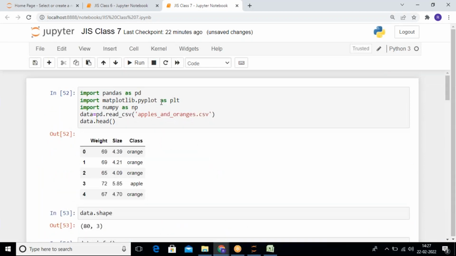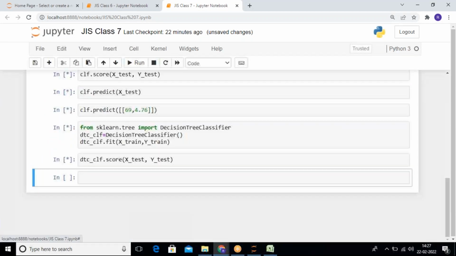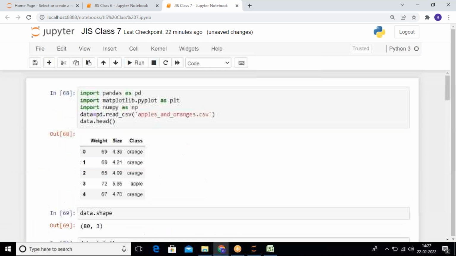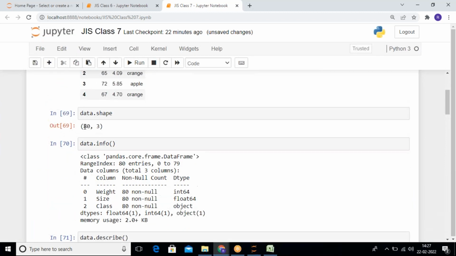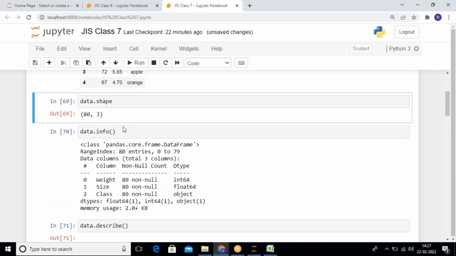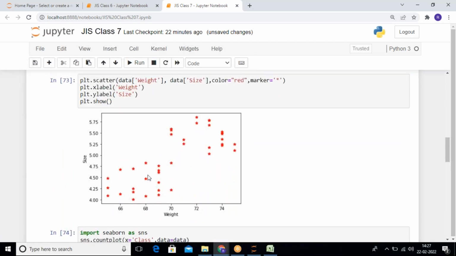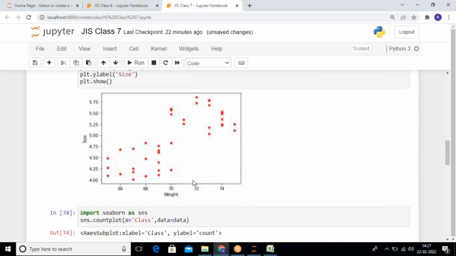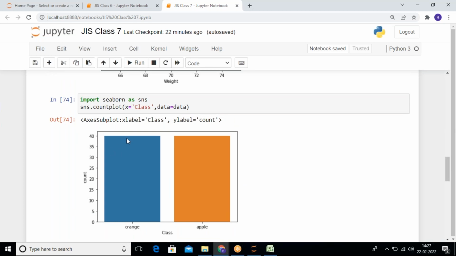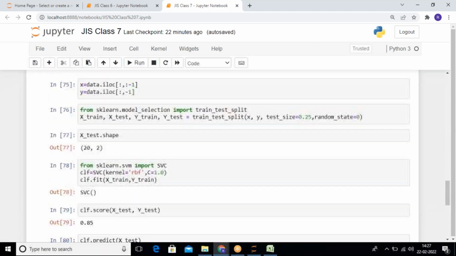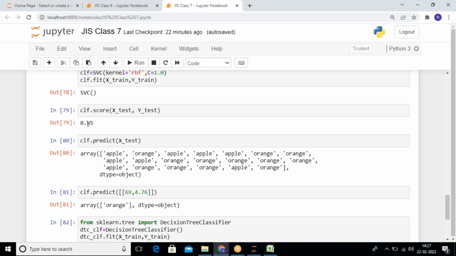Now from the starting, let's see. The data set shape is now 80,3. The data set increased, 40, 40, 80. Here my support vector machine accuracy is decreasing.